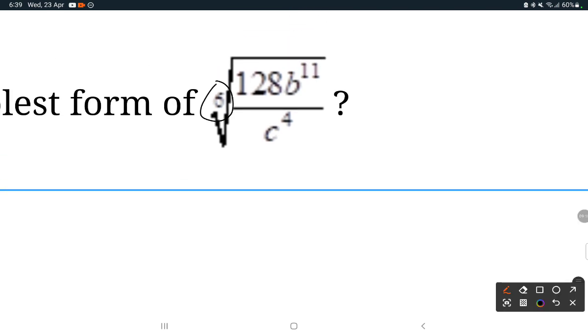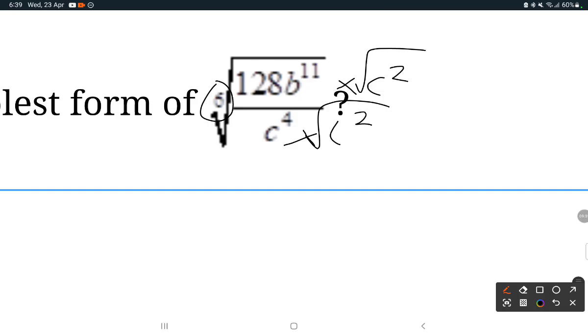As we know, it has to be to the power of 6 for us to take it outside. So since it's already c to the power of 4, all we need to do is multiply by c to the power of 2, up and down, of course. So then this becomes c to the power of 6 and we take it outside. Okay.